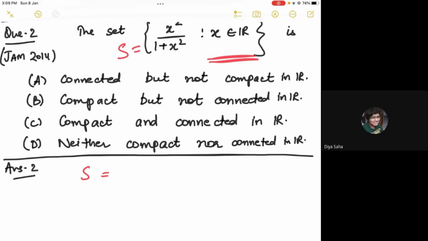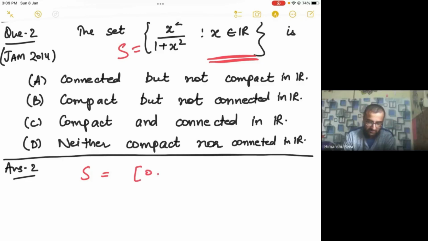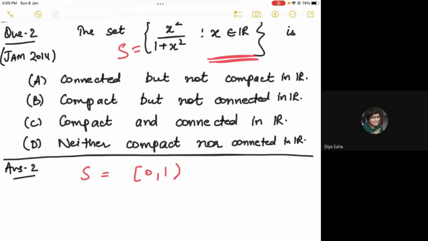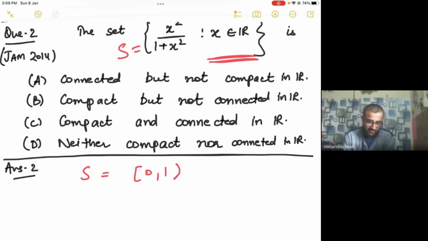Option A, greater than or equal to 0 but less than or equal to 1. Is this what you are saying? Yes, sir. Okay, so which option will be correct then?